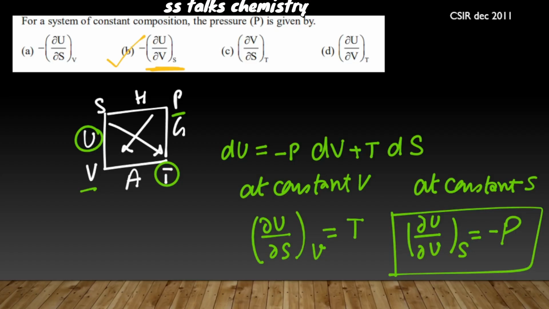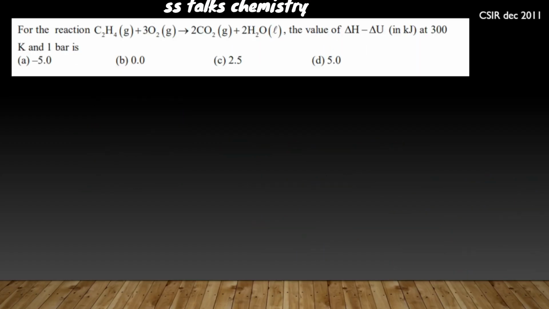Now moving on to the next question. For a reaction, it is given, what is the value of delta H minus delta U in kilojoules at 300 Kelvin temperature and 1 bar pressure?